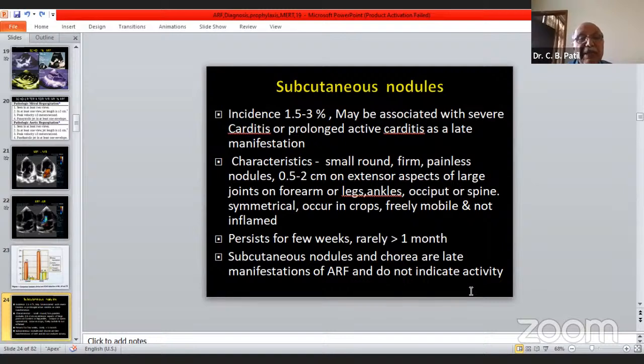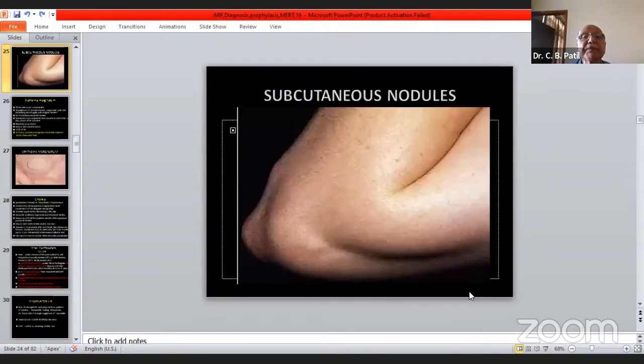They persist for a few weeks, rarely more than a month. So they later disappear. Subcutaneous nodules and chorea are late manifestations of acute rheumatic fever and do not indicate activity.